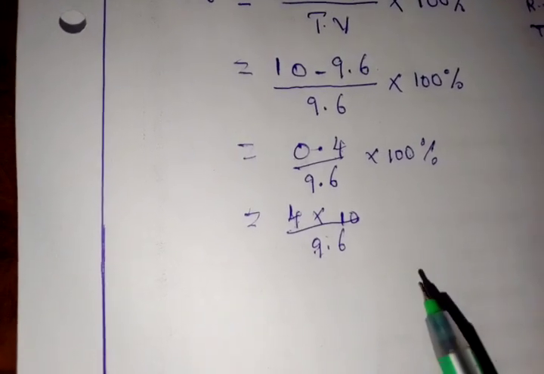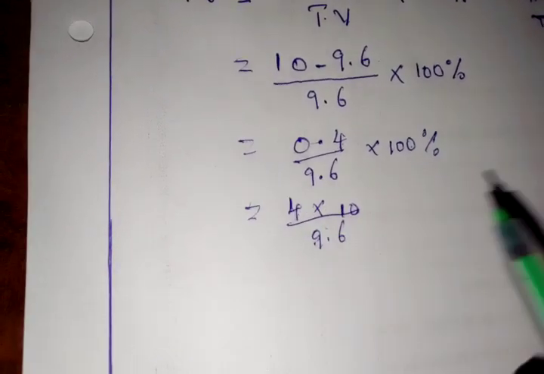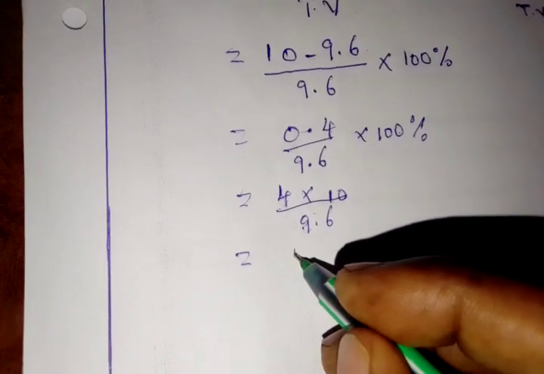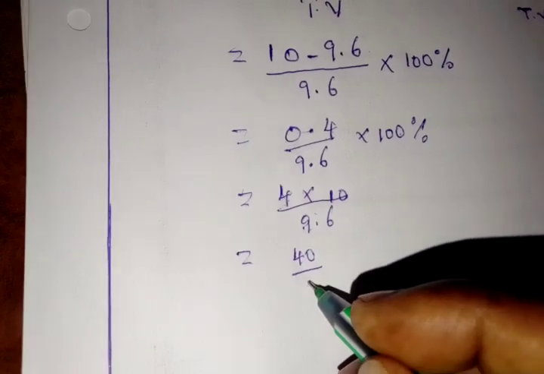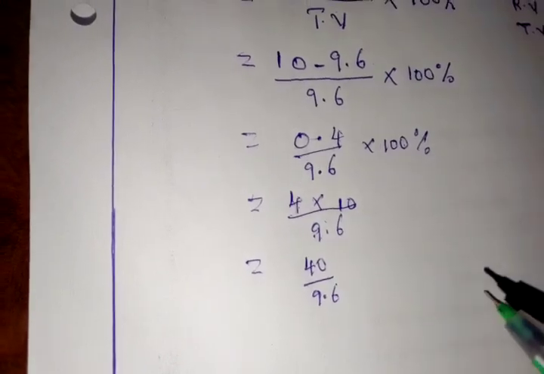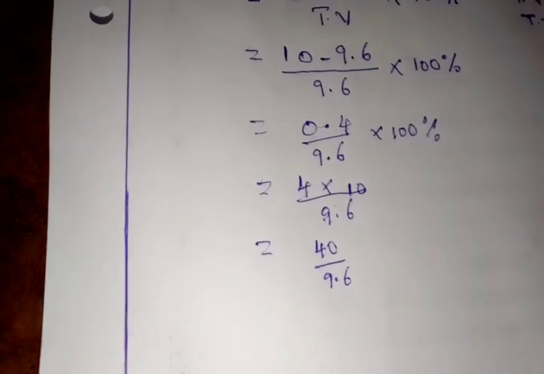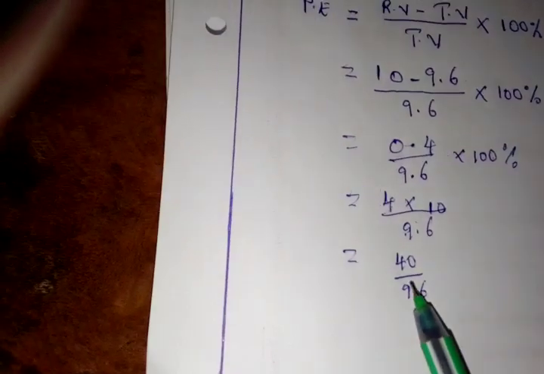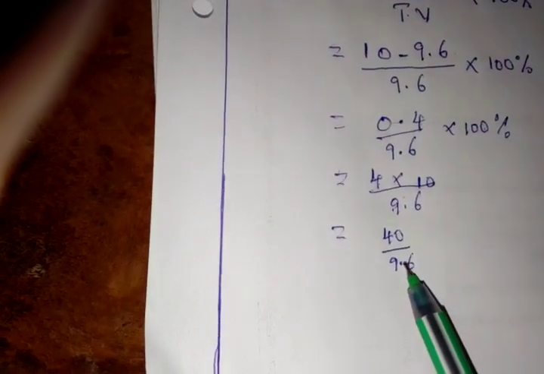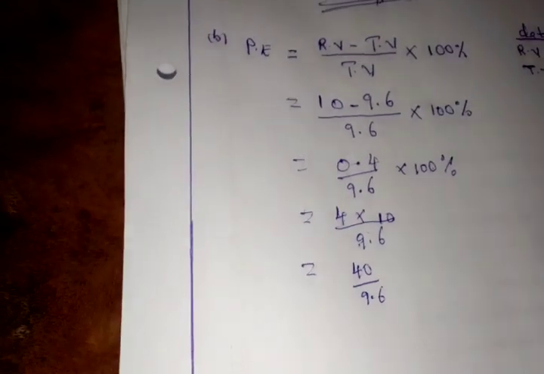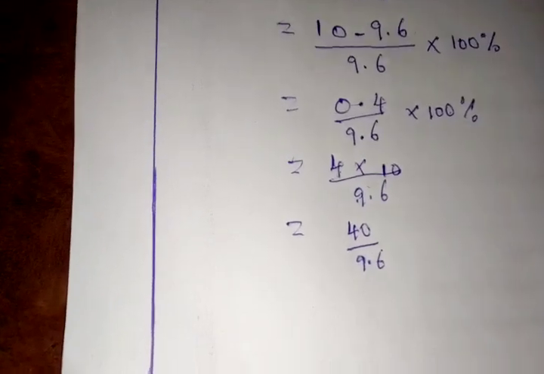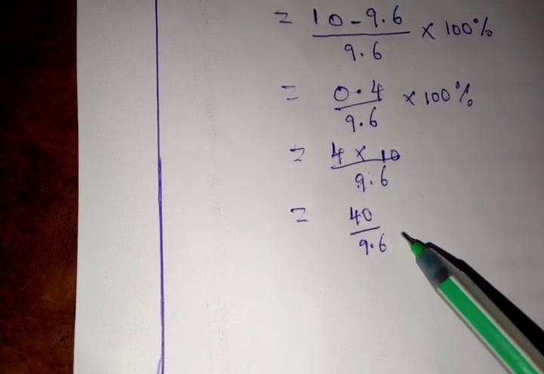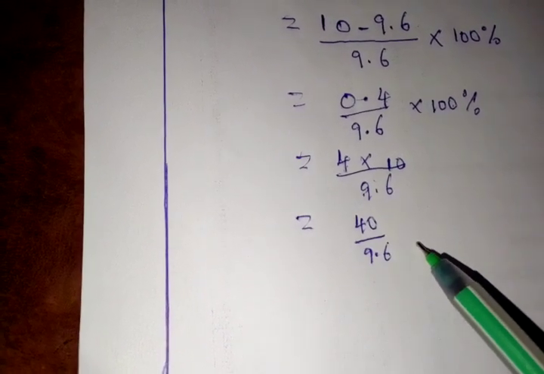So now if you multiply this, it is going to give us 40 over 9.6. We can also get rid of the decimal on 9.6 by multiplying both numbers by 10. You choose the number to multiply with depending on the number of decimals.